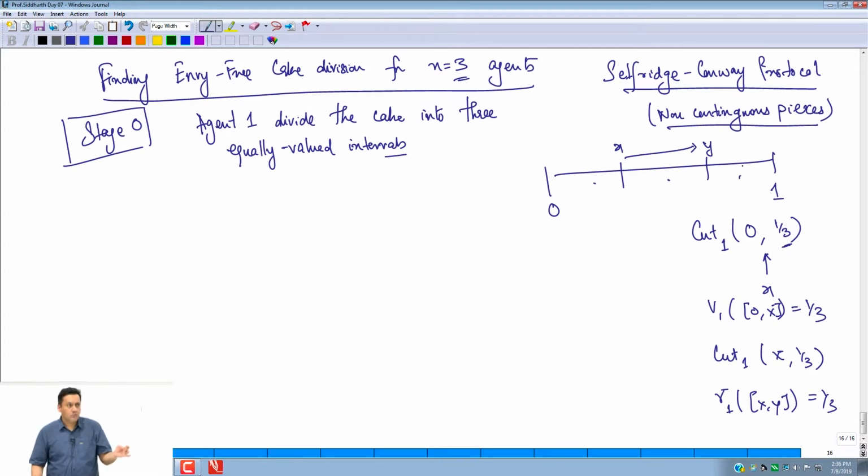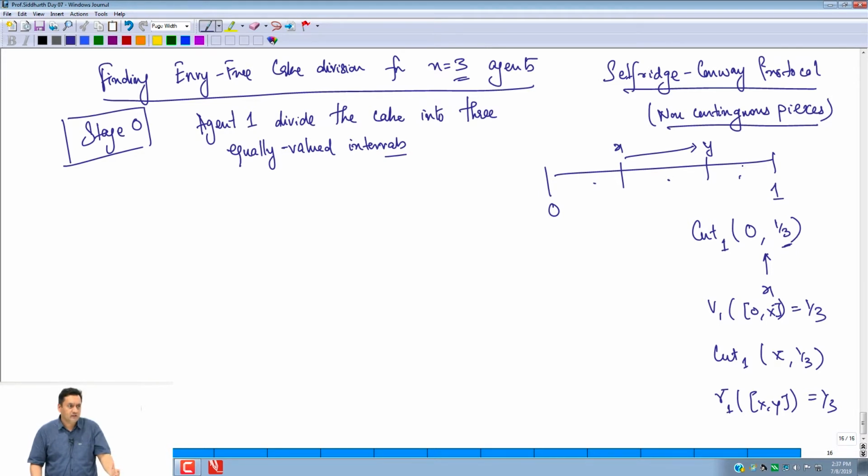It's sort of a natural idea. What you have done is, you have said, okay, partition it into 3 parts, such that you are indifferent between the 3. In particular, this ensures that if the first agent receives any one of these 3 pieces and the other 2 agents go to the other 2 pieces, you are done. Right. So this is very analogous to the cut and choose where Abraham, the first agent, was splitting it half and half.